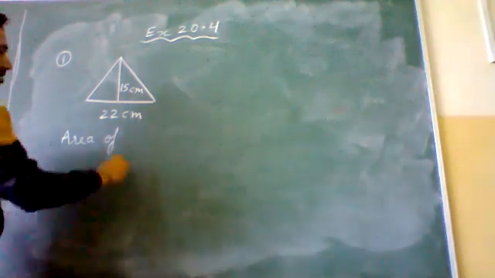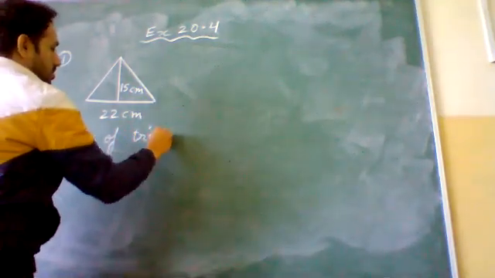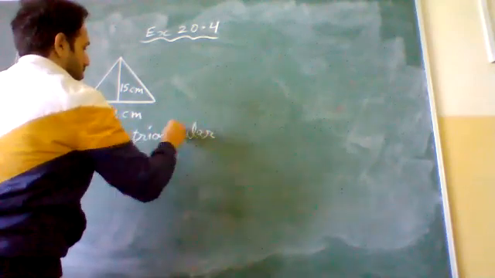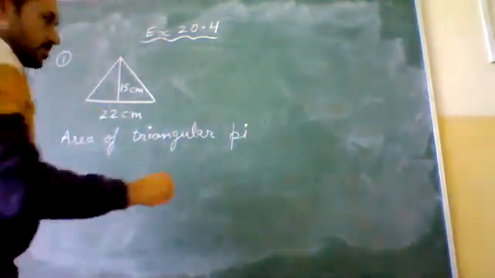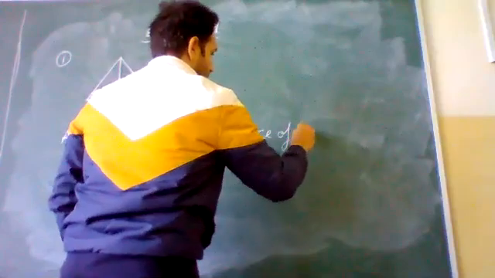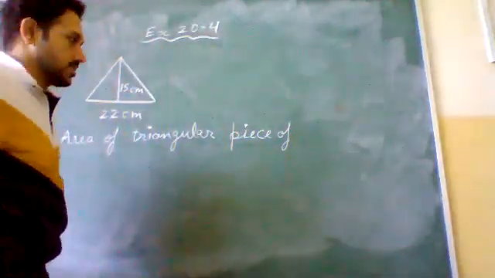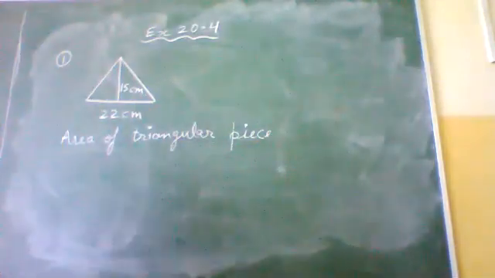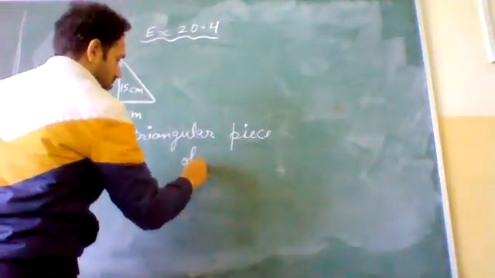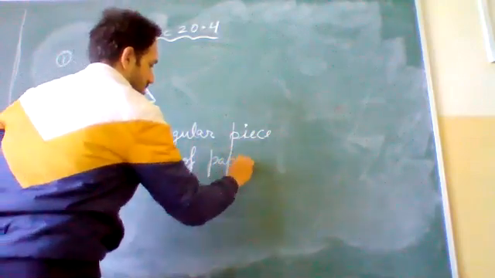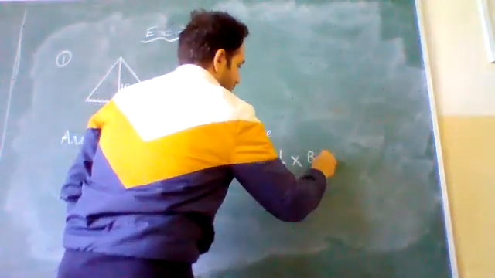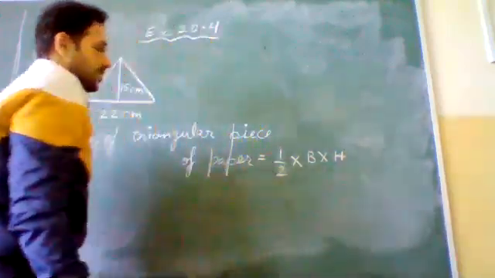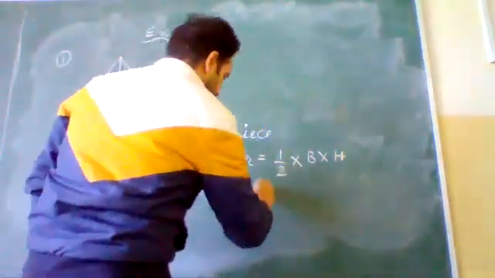Area of triangular piece of paper equals half into base into height. Okay.